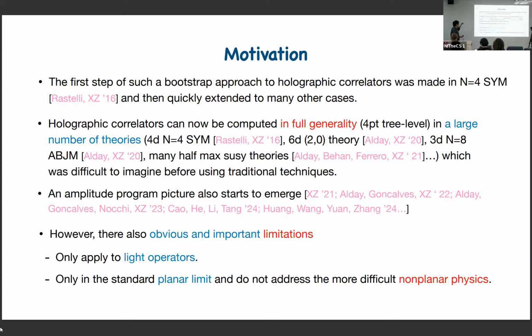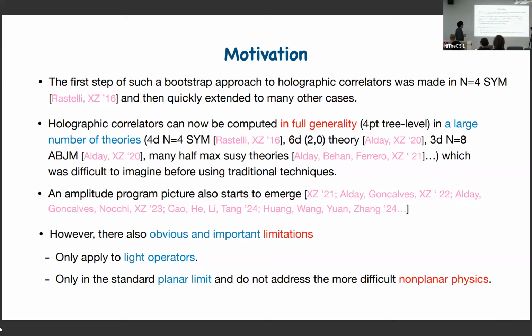There have been a lot of developments in the past 10 years for these holographic correlators. However, it's easy to see that there are still some obvious but important limitations.